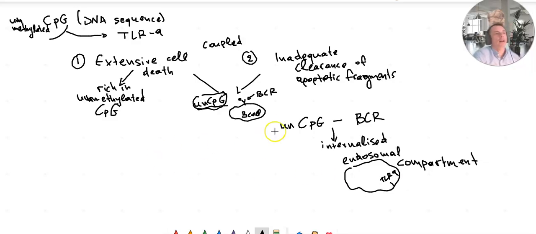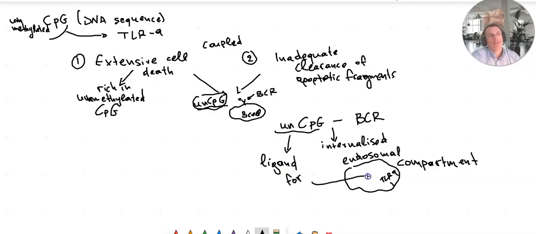And now the unmethylated CpG acts as a ligand both for the B cell receptor but also for toll-like receptor 9. These toll-like receptors are specific for PAMPs, but some of these patterns are also found among self-antigens, like the unmethylated CpG.